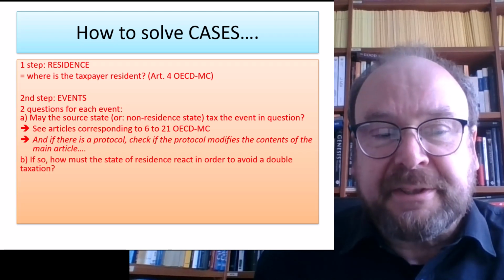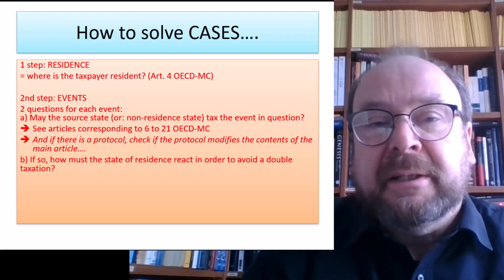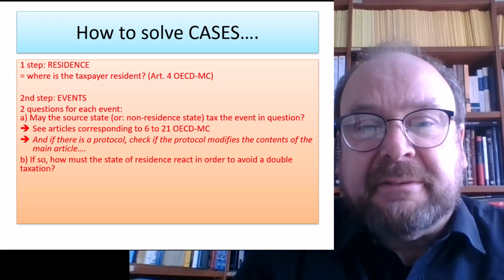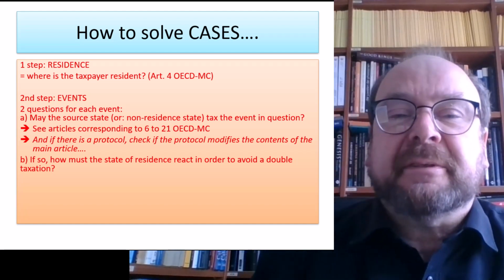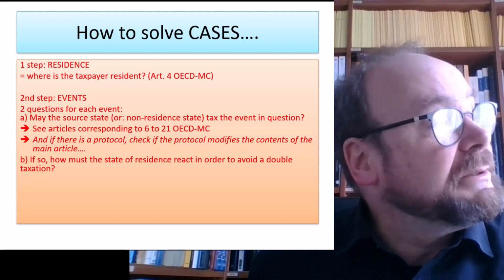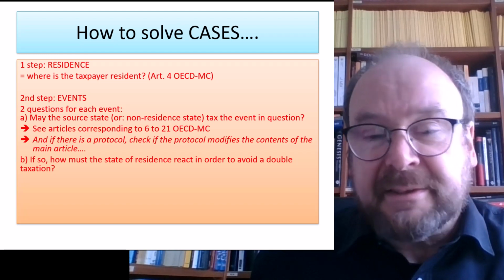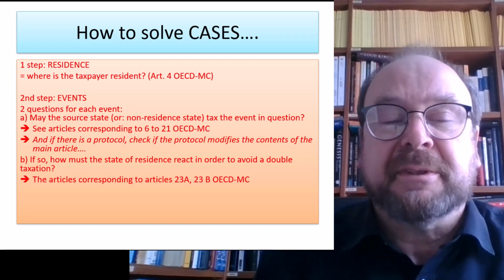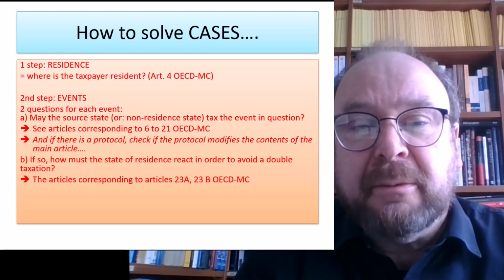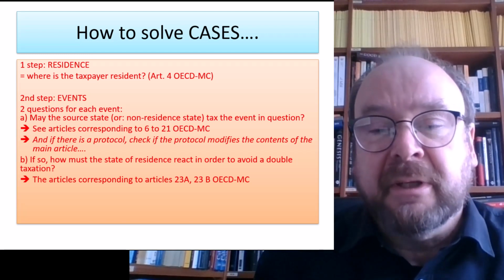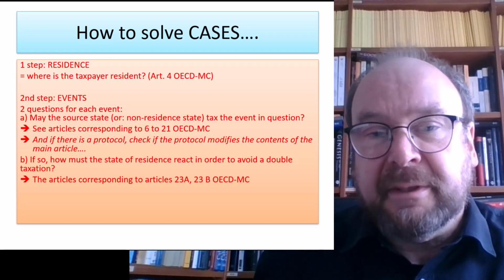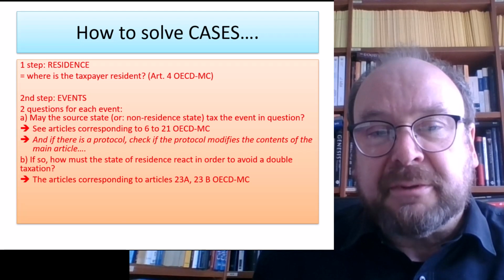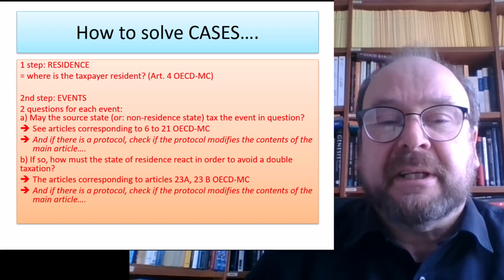The second question is, if the source state can levy a tax, how must the state of residence react in order to avoid a double taxation? This is what corresponds to Articles 23A or B of the OECD Model Convention. And again, here the hint: if there is a protocol, don't forget to have a look at it.